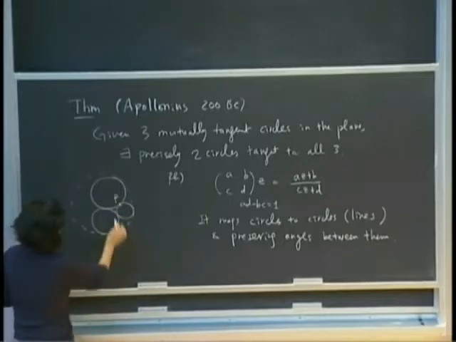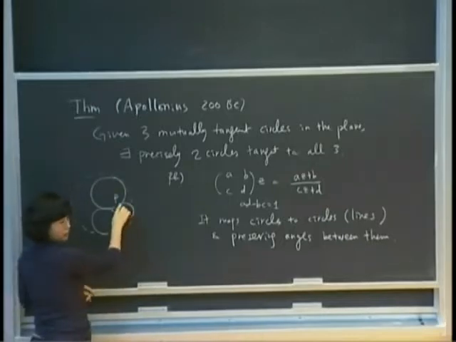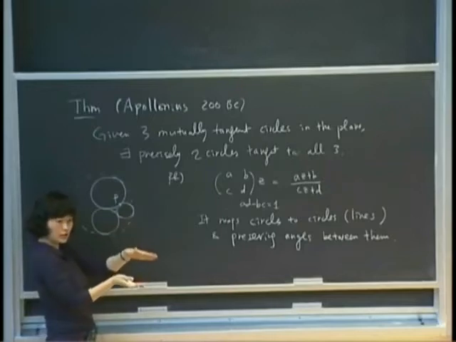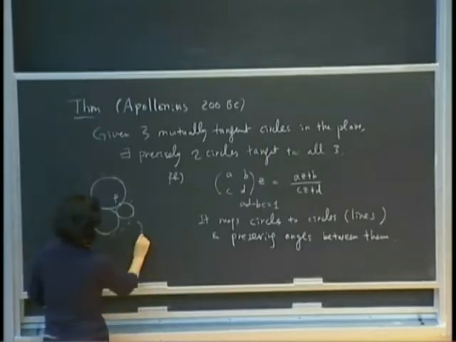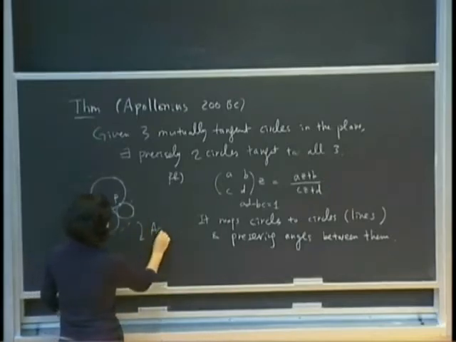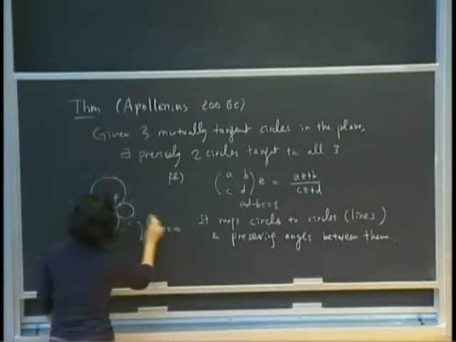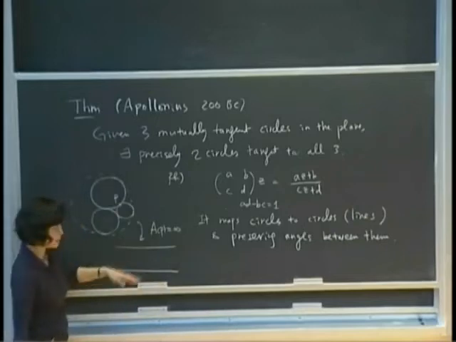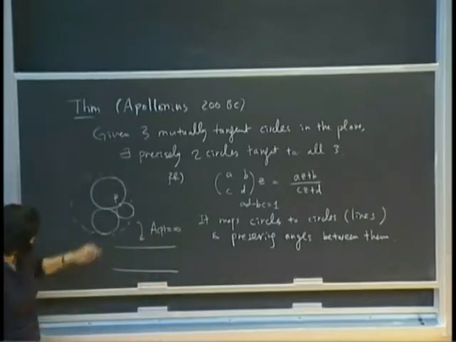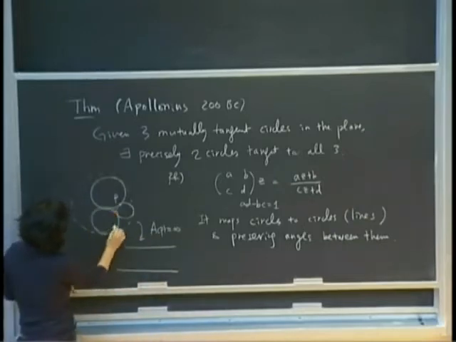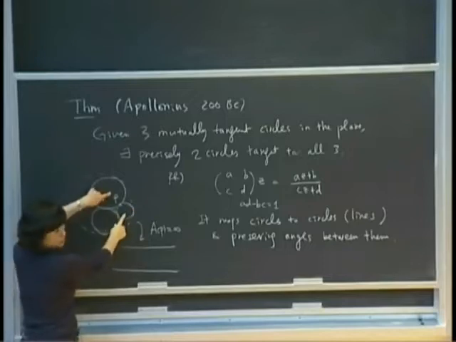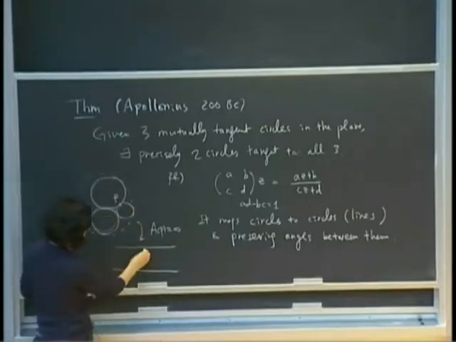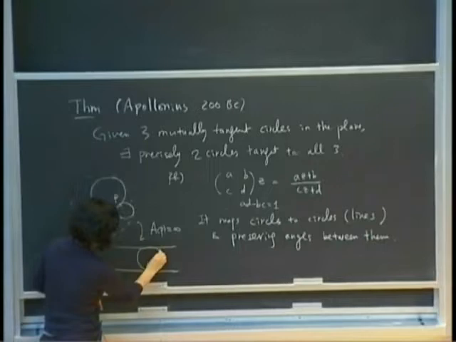Then the 2 circles tangent at P are mapped to 2 circles tangent at infinity, namely 2 parallel lines. Since the third circle should be tangent to these 2, there is only one choice for its image.